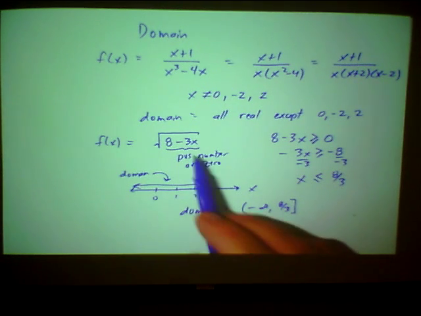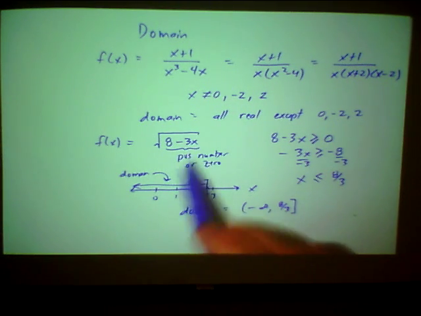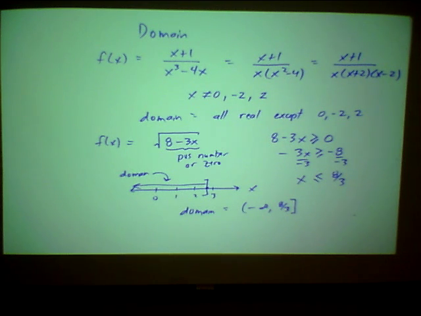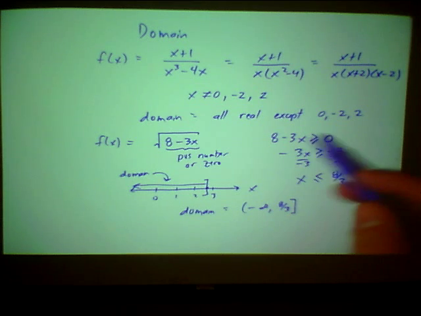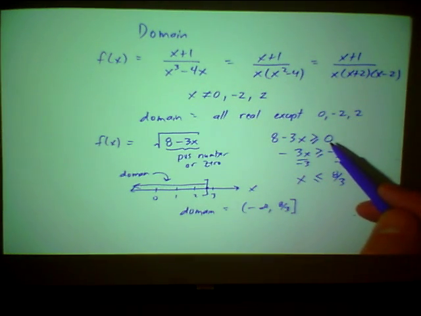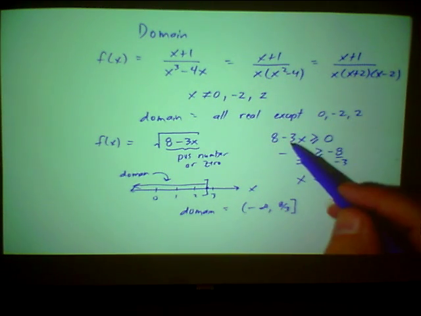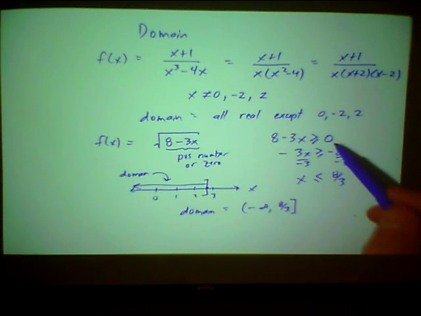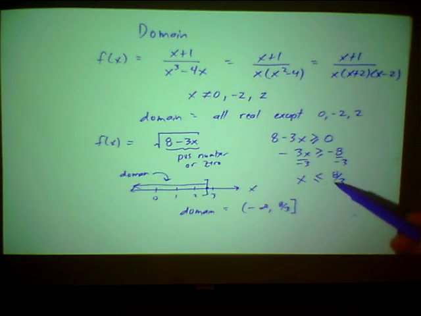So once again, let's review what we're saying here. I'm trying to figure out what values of x would be okay to put into this expression. So I said, well, I know the expression under the square root has to be greater than or equal to 0. It has to be a positive number or it can be 0. So I say 8 minus 3x greater than or equal to 0. I solve for x. I get x less than or equal to 8/3.